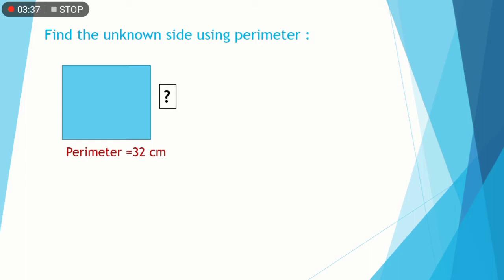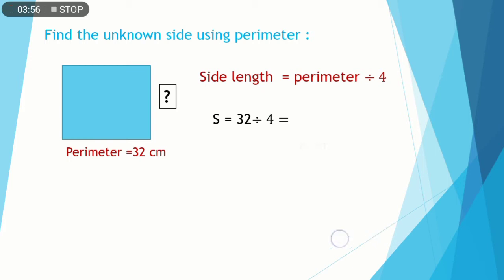The side of the square equals perimeter divided by 4. To find each side length in the square, take the perimeter divided by 4. 32 divided by 4 equals, excellent. It means 4 times what gives me 32? 4 times 8. 8 centimeters. It means each side equals 8 centimeters.